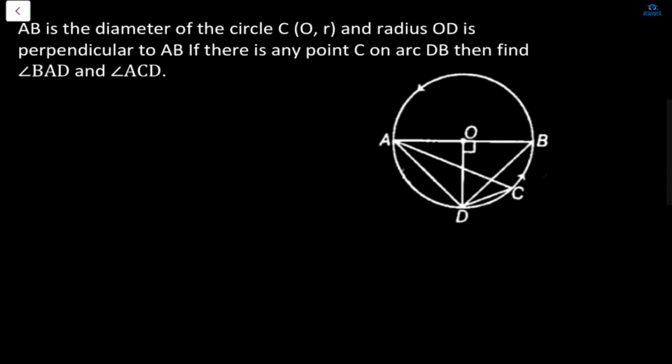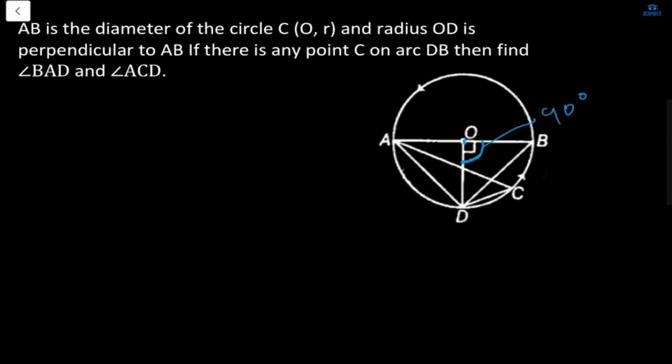But if we are going to apply the theorem that we have just studied, how are we going to do it? See, if you take arc BD, for arc BD this angle is at the center, and this is equal to 90 degree.